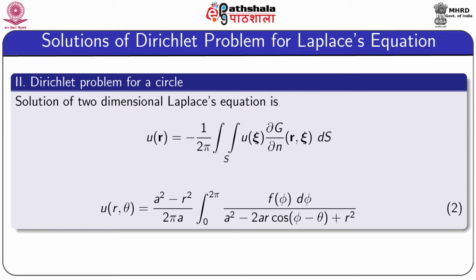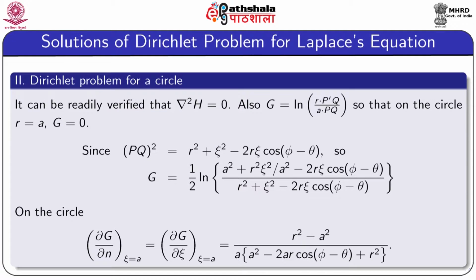Now, the solution of Laplace equation in 2D can be written in terms of Green's function as u r equal to minus 1 divided by 2 pi times the double integration of u del del n of G ds, and we have found the value of del G del n in the last slide. This is the expression for del G del n on the circle xi equals a.